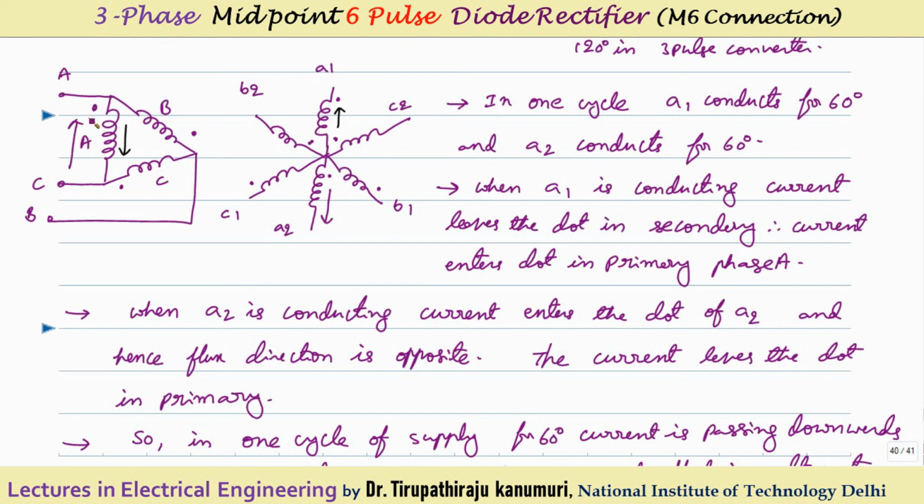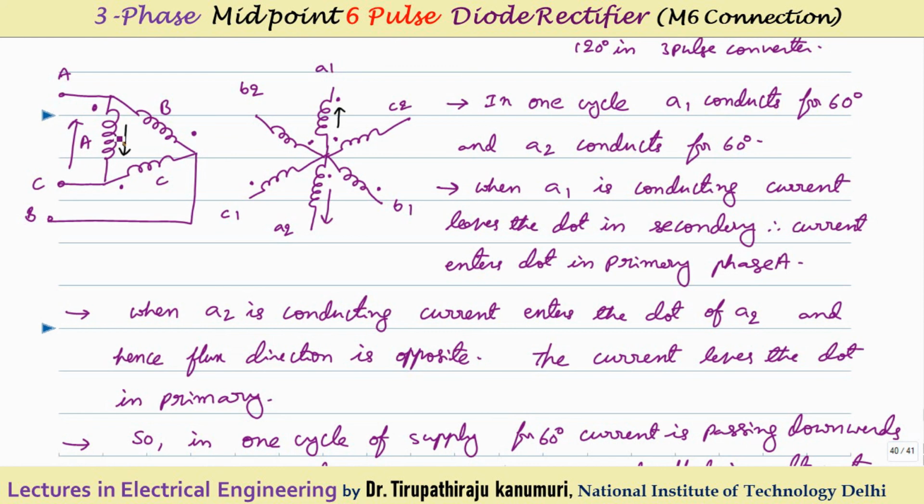So you can see in one cycle, for some time the current is passing downwards, and for some time the current is passing upwards. Whenever the current is passing downwards, the output current is nearly DC, so automatically it will get magnetized in one particular direction. Within the same cycle, for some time it is passing in the opposite direction, so it is magnetized as well as demagnetized. The net resultant effect is that your core doesn't go into saturation.